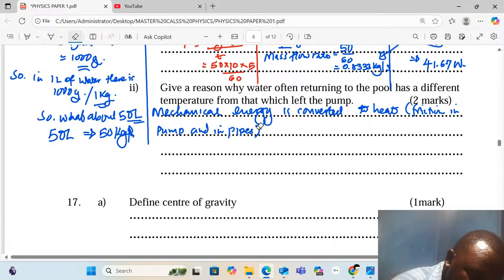We have viscous dissipation and turbulence.